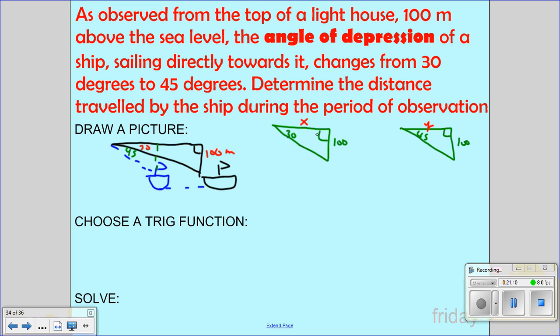So let's get started. So this is opposite. This is adjacent. So it's tangent. So the tangent of 30 degrees is equal to 100 over adjacent, which is X. For those who can cross multiply quickly, X is going to equal 100 divided by tan of 30 degrees.